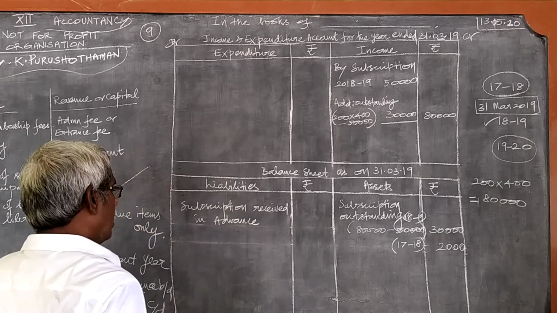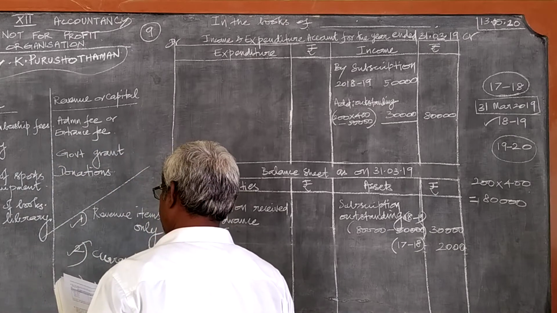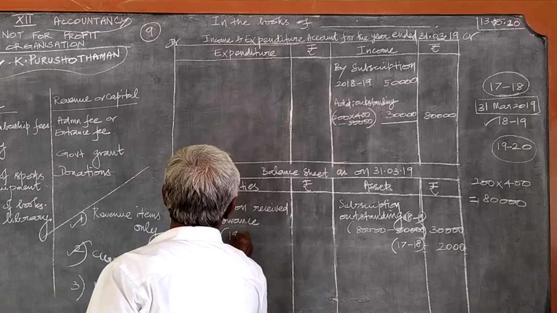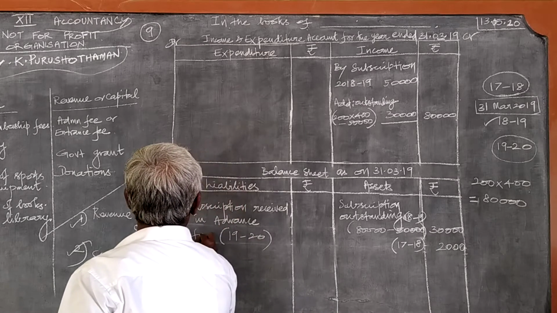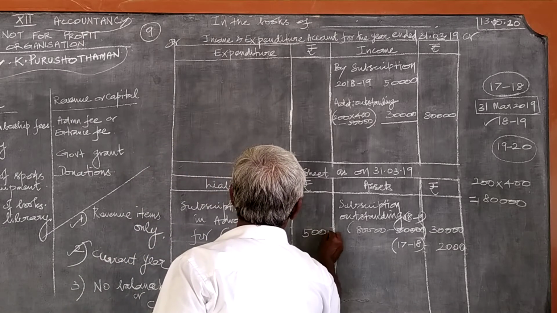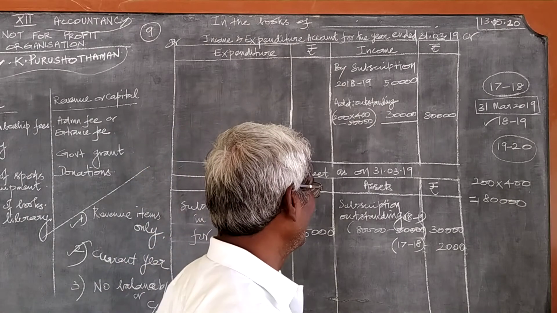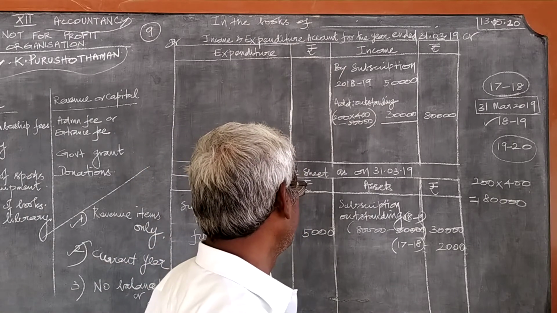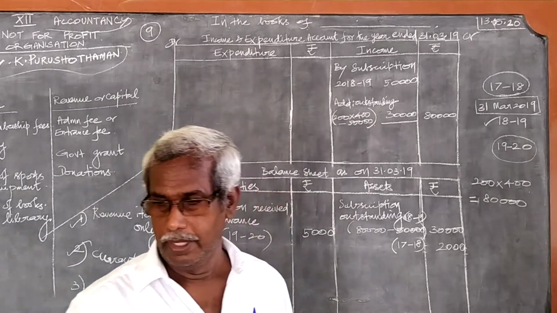Subscription received in advance, that is for the year 1920. For 1920 is 5,000. This amount should appear on the liability side. So on the asset side 32,000, on the liability side 5,000.